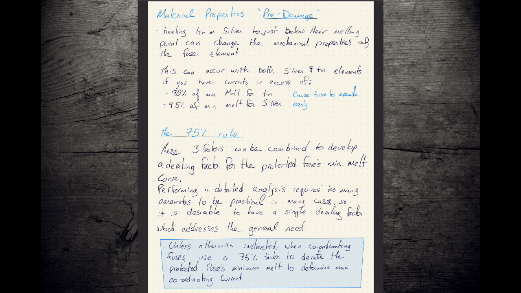So if we stack all of these things together, we can come up with a rule of thumb. The rule of thumb states that we want to derate the minimum melt of the protected fuse to 75% of its rating in order to allow that protection margin.